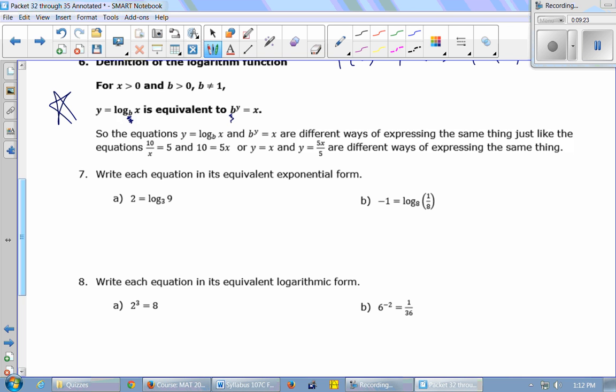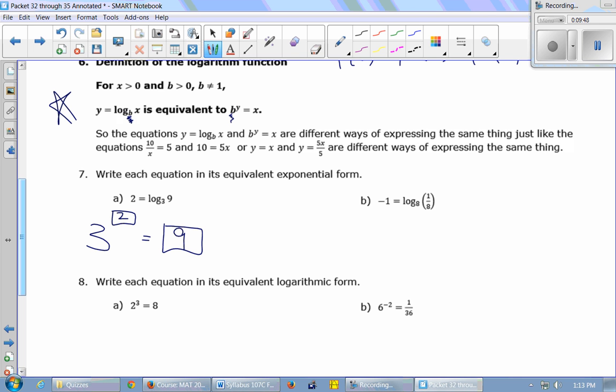That's the base in the exponential equation. So I've got b to the something equals something else. In this case my b is a 3. 3 to the 2 equals 9. Which makes sense. We know that's true, right? So 3 squared equals 9.